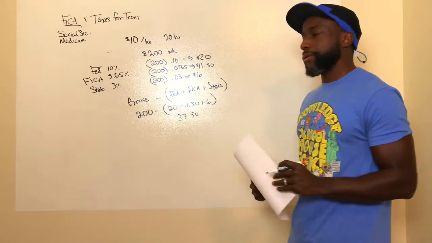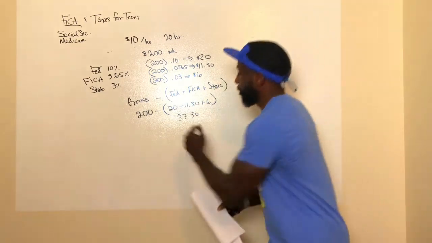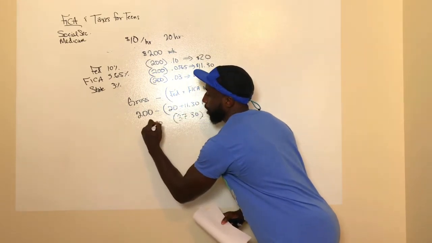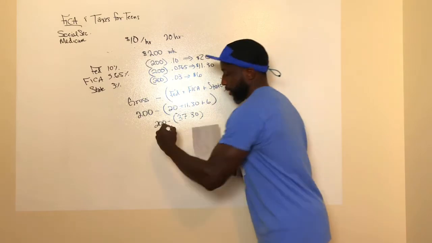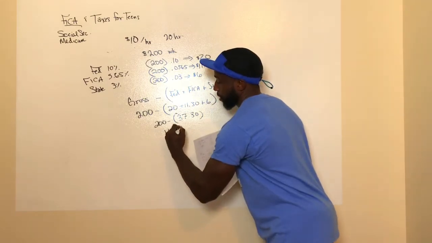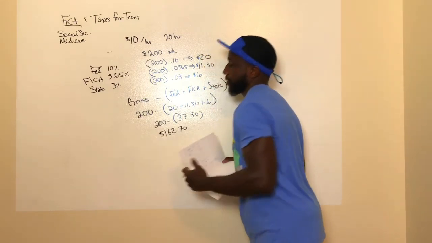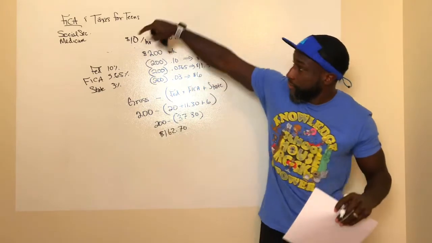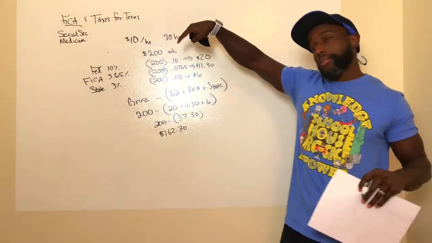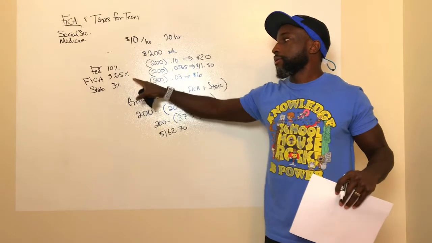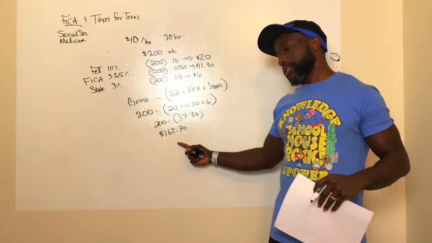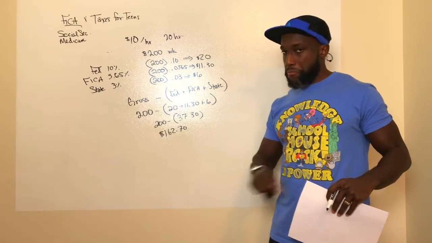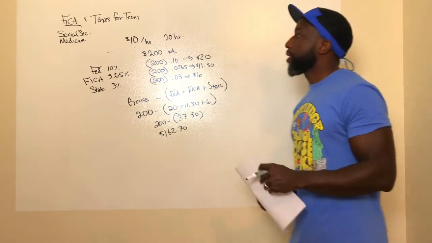Yeah, 37.30, right? You're gonna subtract 37.30 from 200, and you're gonna get the amount that they take home, which is going to be $162.70. All right. So after making $200 and paying all of your taxes, you bank $162.70. Okay, that's it.